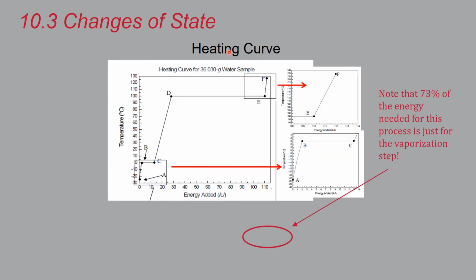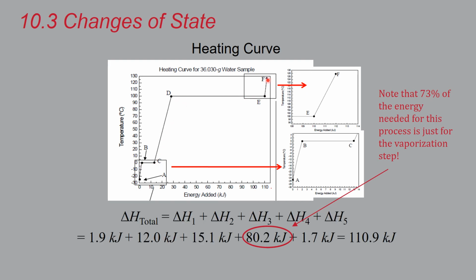So we have in sequence calculated the energy of this step, this step, this step, this step, and that step. And the overall energy is just going to be the sum of those. So the first step, taking ice from negative 25 to its melting point of 0, that was 1.9 kilojoules. Second step, melting the ice, that was 12 kilojoules.